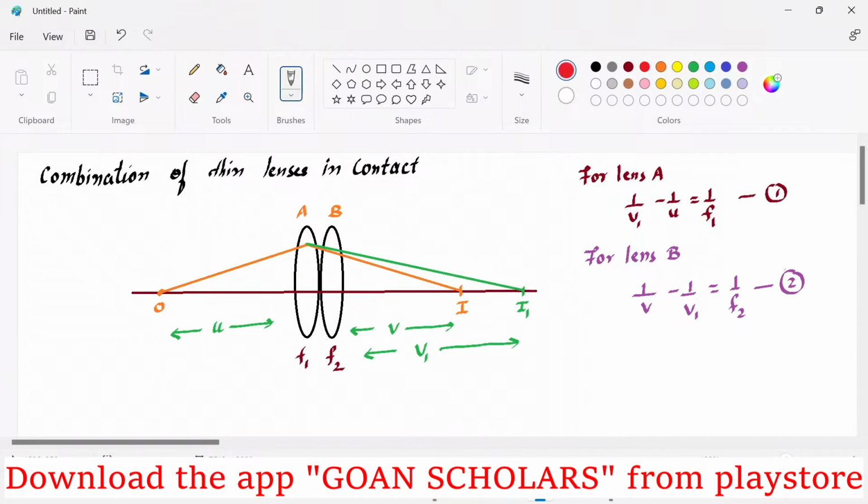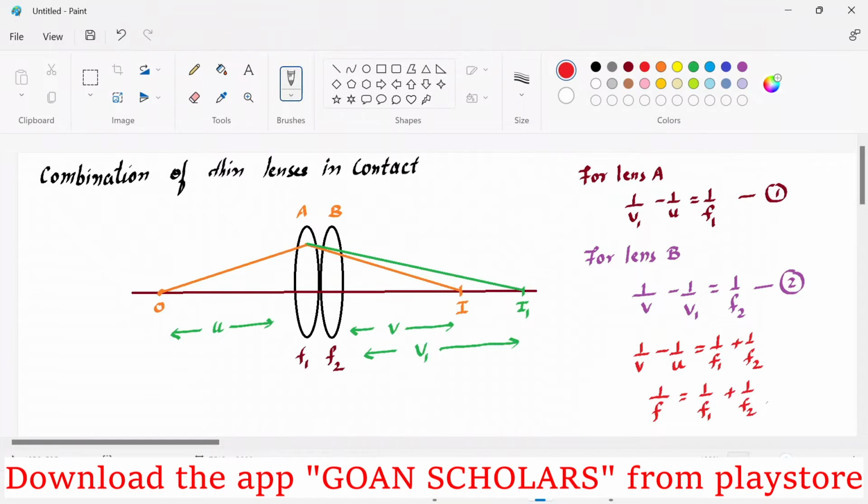If I add equation 1 and equation 2, 1 by V1 will cancel in both cases and you are left with 1 by V minus 1 by U, that will be equal to 1 by F1 plus 1 by F2. Now what is 1 by V minus 1 by U? That is your combined focal length, 1 by F. That will be equal to the sum of individual focal lengths, 1 by F1 and 1 by F2.